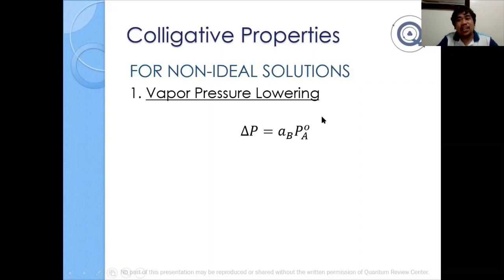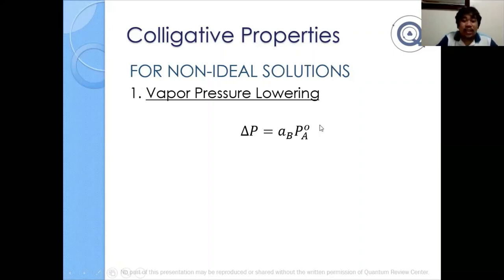We'll see activity in our next topics. Activity is like the real concentration, while XB is the ideal, like in ideal gas.